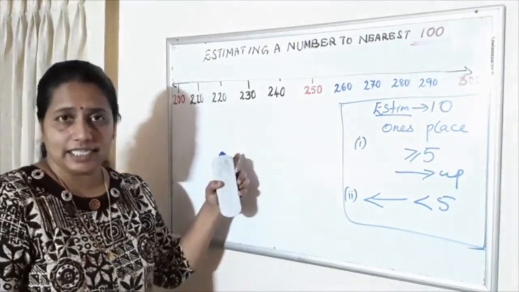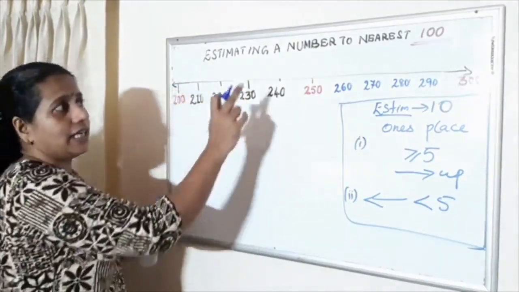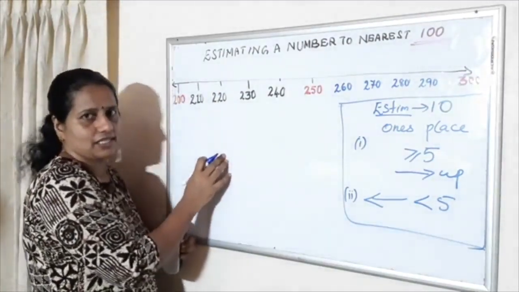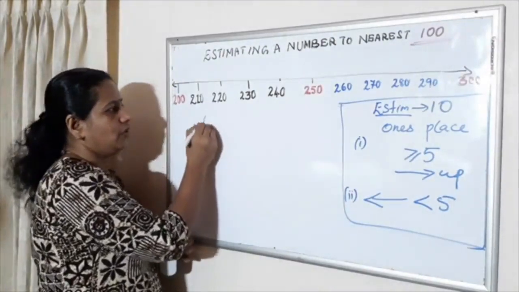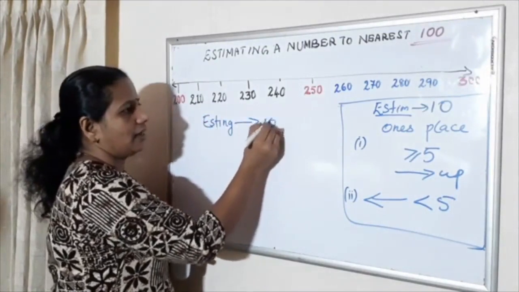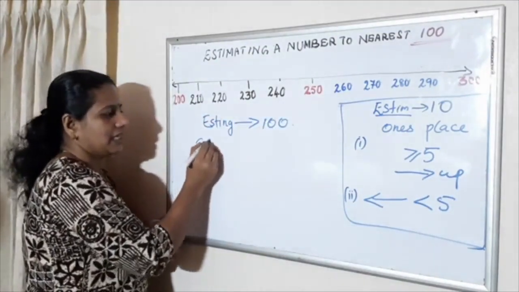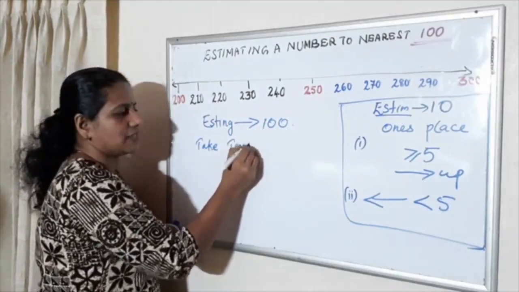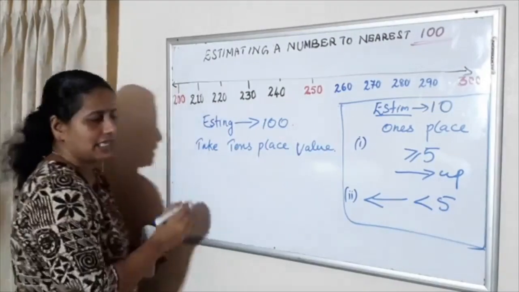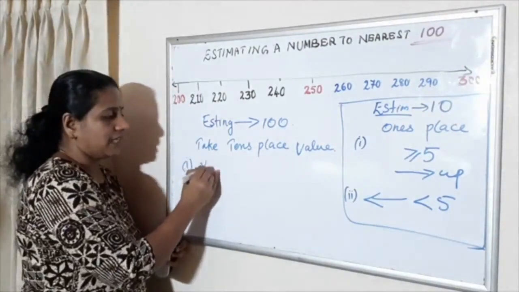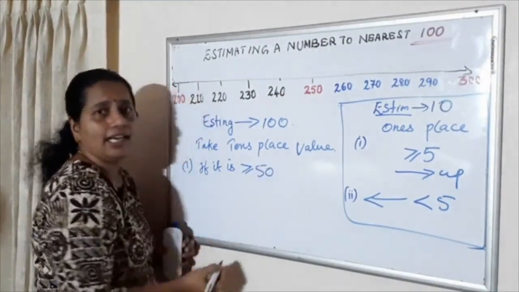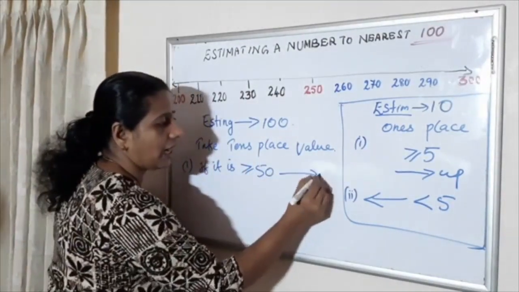But here the condition is different. When estimating nearest to 100, you have to take the tens place value. If it is greater than or equal to 50, then round it up.